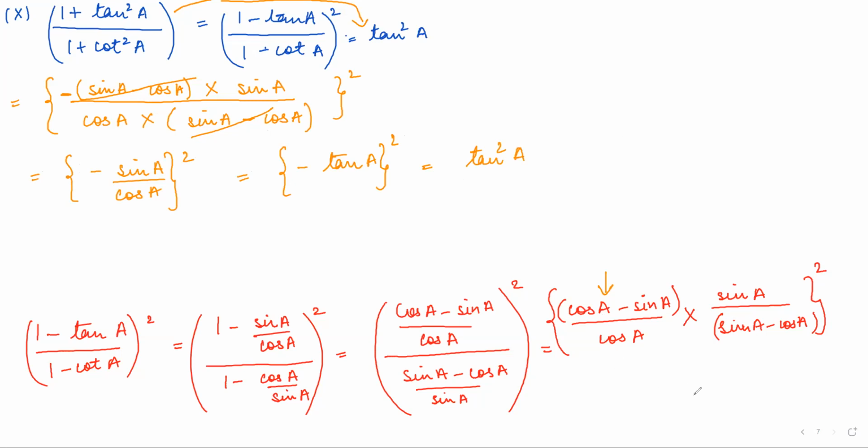So you can write like this. The first result you can give name 1 and this you can give name 2, right? Yeah.